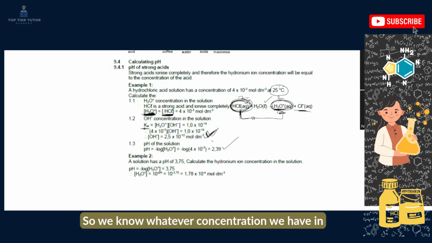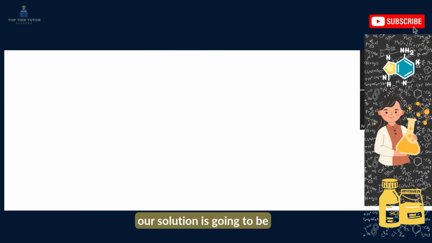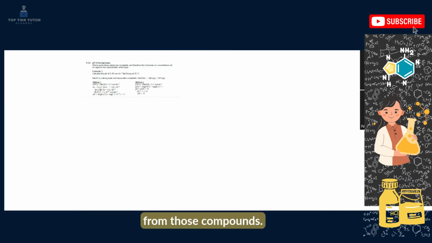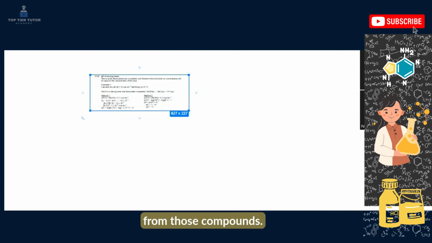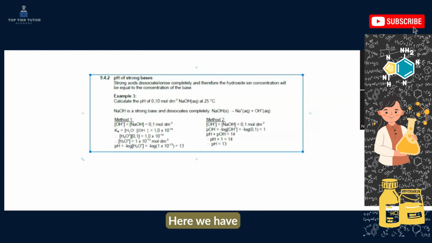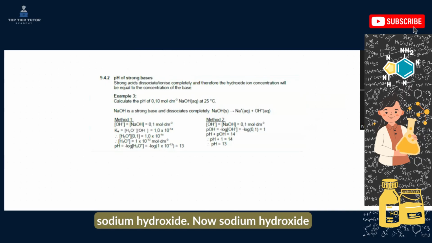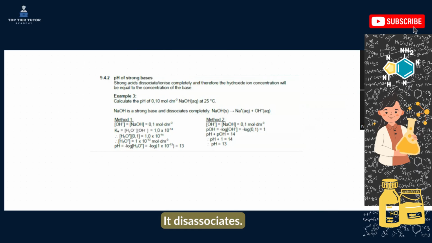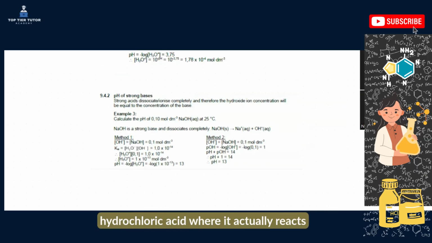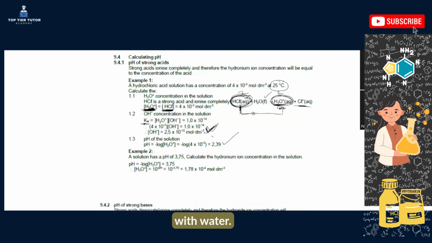So we know whatever concentration we have in our solution is going to be from those compounds. Here we have sodium hydroxide. Now, sodium hydroxide is a base, but it does not ionize in water. It dissociates. Ionizing is what we saw in the hydrochloric acid, where it actually reacts with water.